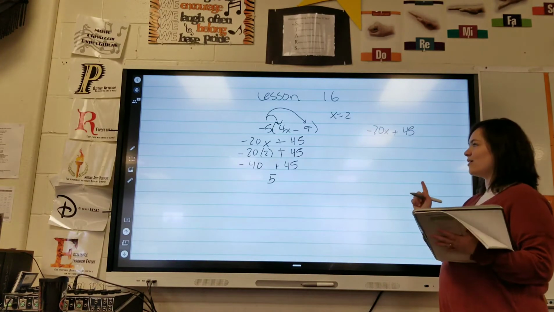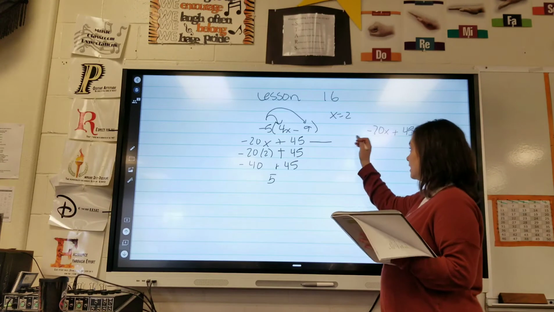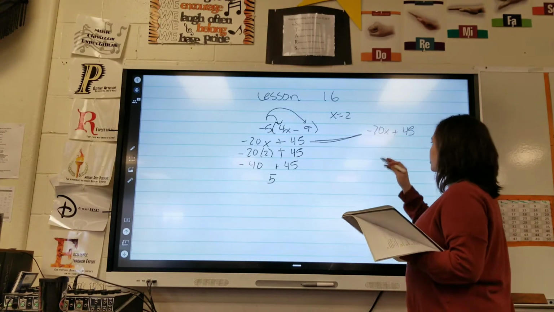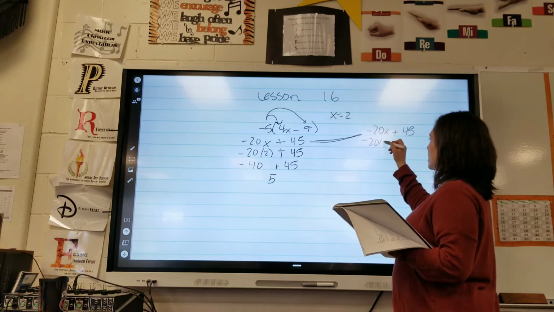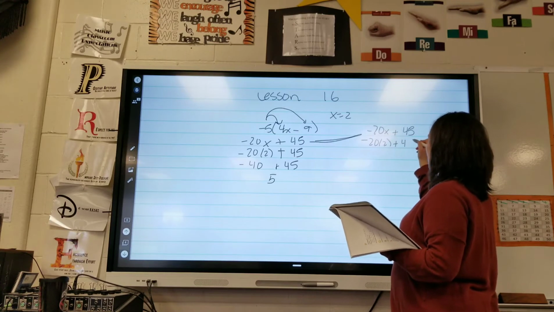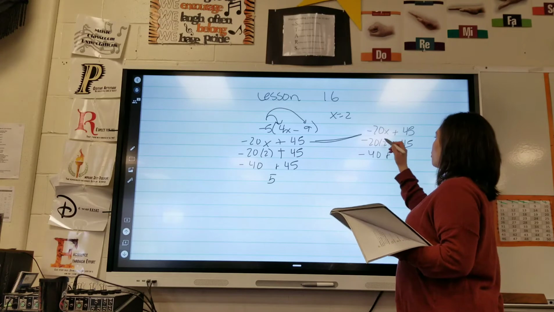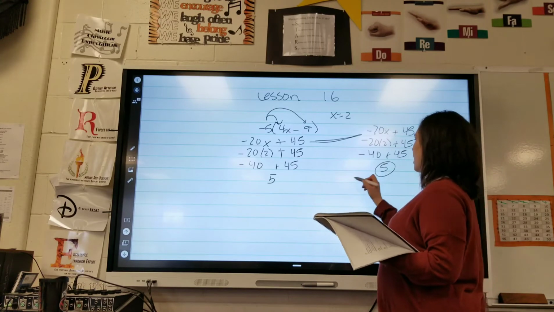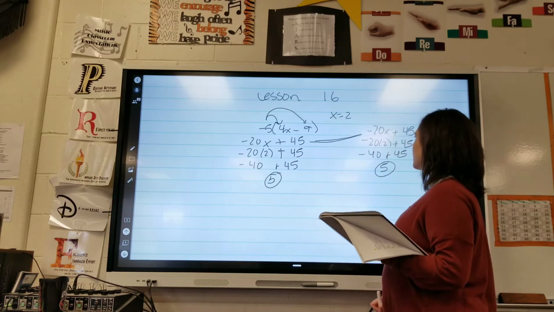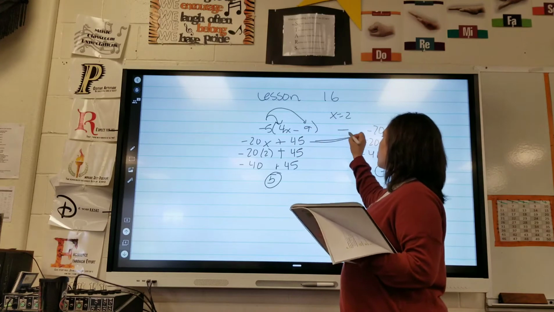Well, if you haven't already made the connection that these are similar, if we plug in 2 over here, -20 times 2 plus 45, we get -40 plus 45, which also gets us a result of 5. So if you've noticed, these are both equal to each other.